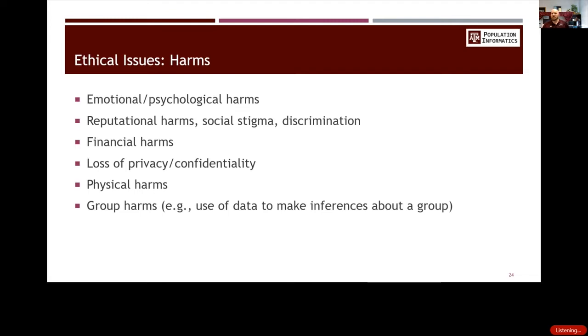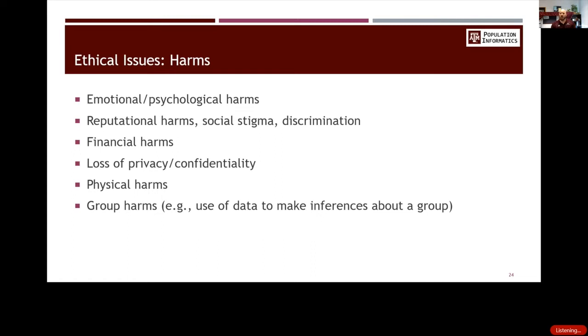It's also important to realize that the loss of privacy or confidentiality is in and of itself a harm. Now, it's debatable, and reasonable minds may differ on how significant the harm of just merely the loss of privacy or confidentiality is, but it is nonetheless a harm to have one's private information become no longer so.